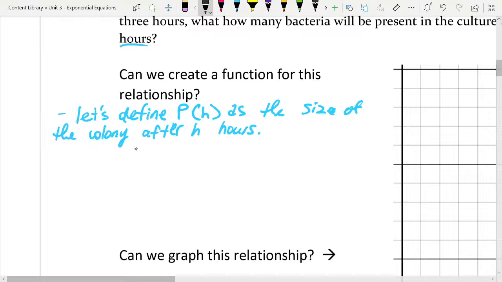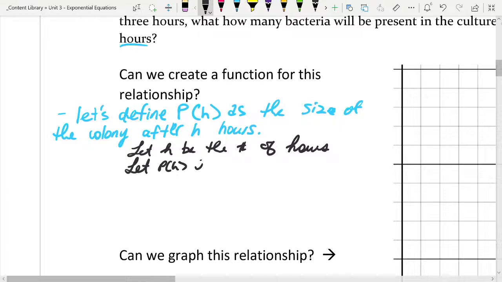If this were back in 1998, we would say let H equal the number of hours. And we wouldn't even say equals. We'd say let X be the number of hours, and let P at H be the population of bacteria. You don't have to write that, but that's how we used to write it.